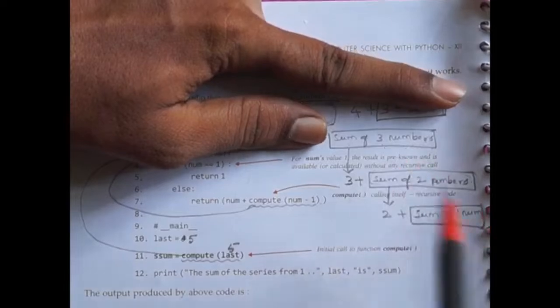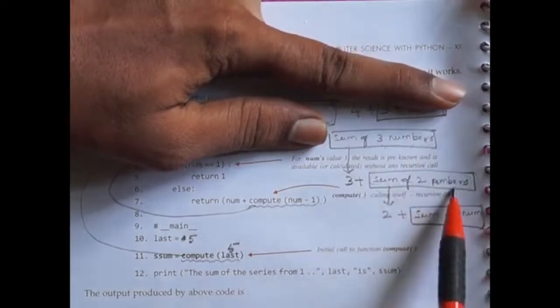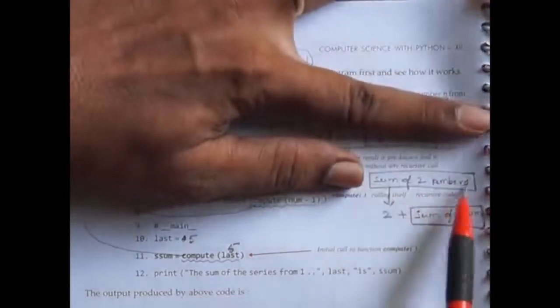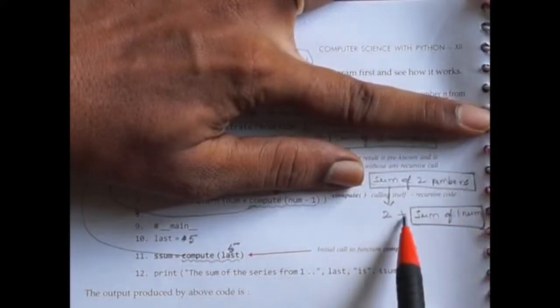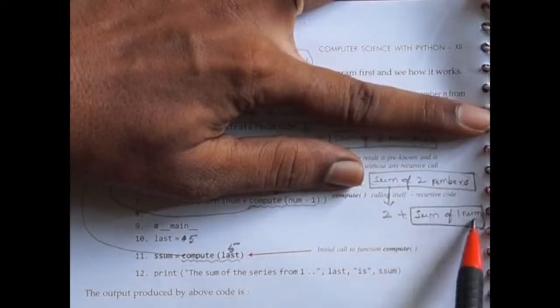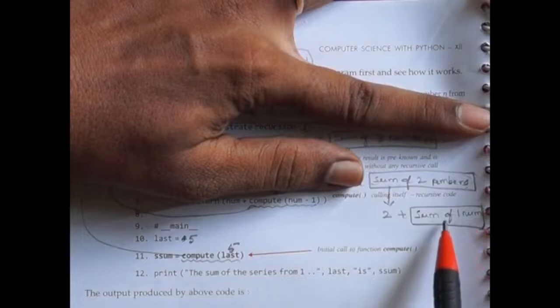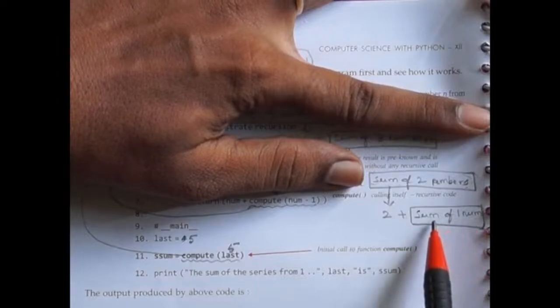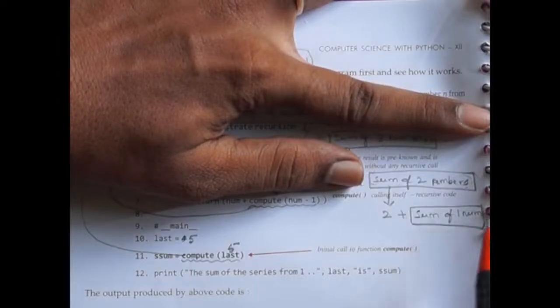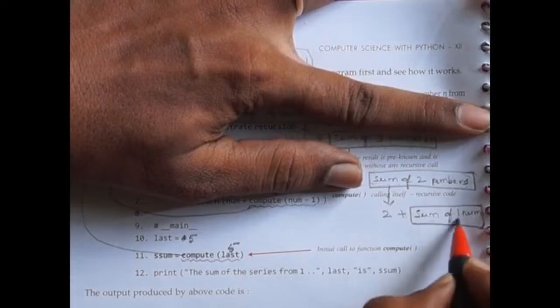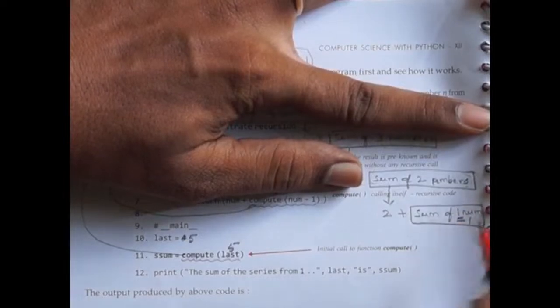Okay. So now what is the value of sum of 2 number? Sum of 2 number value is nothing but 2 plus sum of 1 number. Okay. So everyone knows that sum of 1 number is equal to 1. Okay.